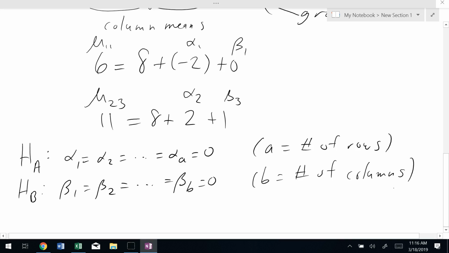So really, we're going to be doing two hypothesis tests at once. The null hypothesis that there's no row effect will be tested against there's at least one row effect, and the null hypothesis that there is no column effect is tested against there's at least one column effect. Okay. All right.